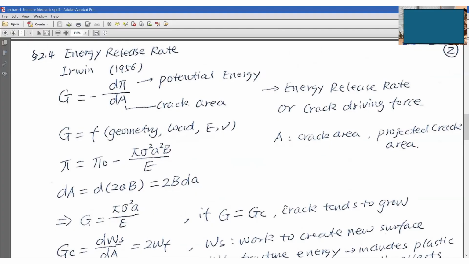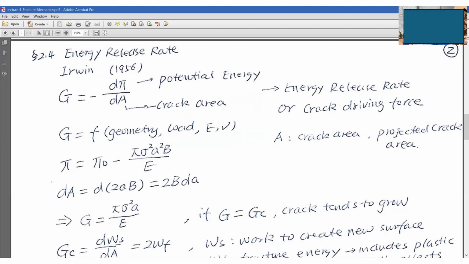Energy release rate was proposed by Professor Irwin in 1956. It can be defined as G equals negative the derivative of pi, where pi is the potential energy of the cracked body, with respect to A, the cracked area.